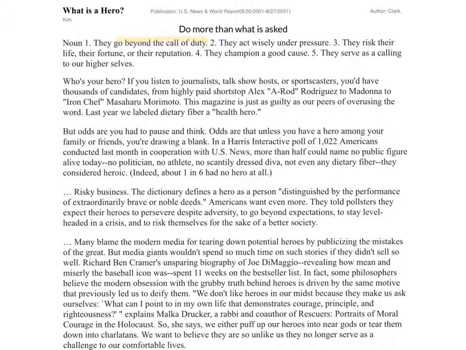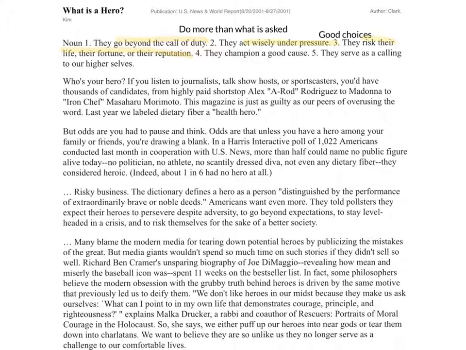I'm going to continue marking up my text. Act wisely under pressure. When I'm thinking about that, I'm thinking about somebody who makes good choices, even in a situation where they might be under some pressure.